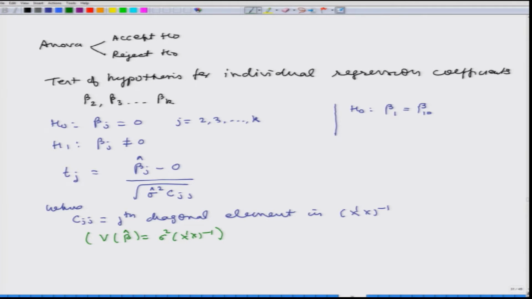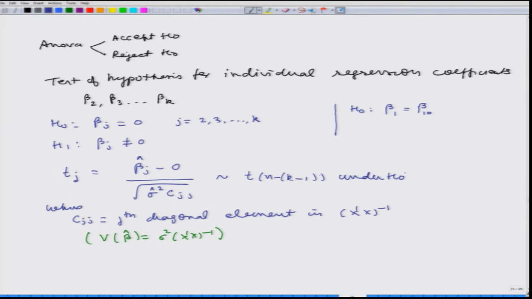So, in order to find the standard error of beta j hat, we pick up the variance of beta j hat, which is given by sigma square and the jth diagonal element of the matrix X transpose X whole inverse. Now, this statistic is going to follow a t distribution with n minus k minus 1 degrees of freedom under H naught.